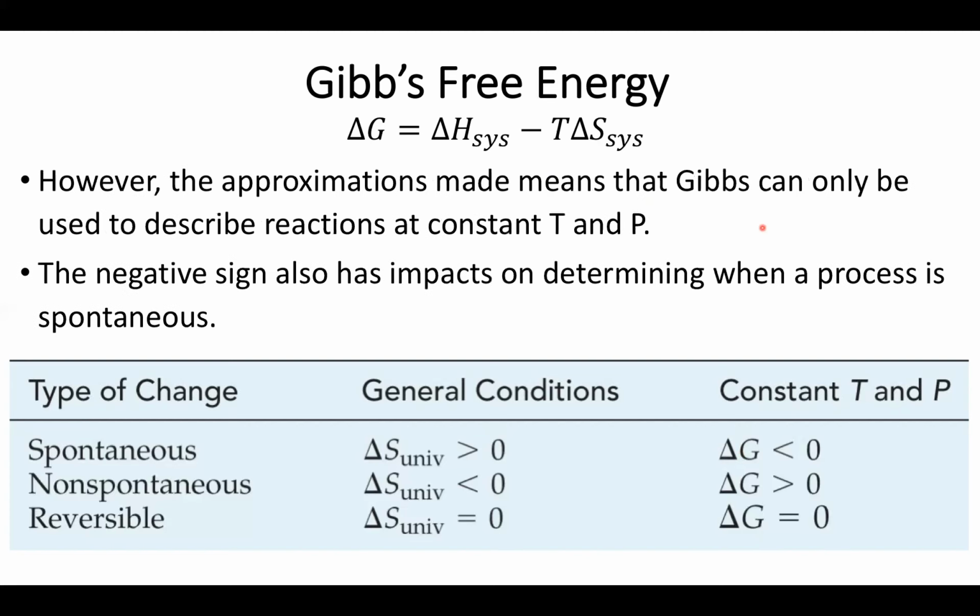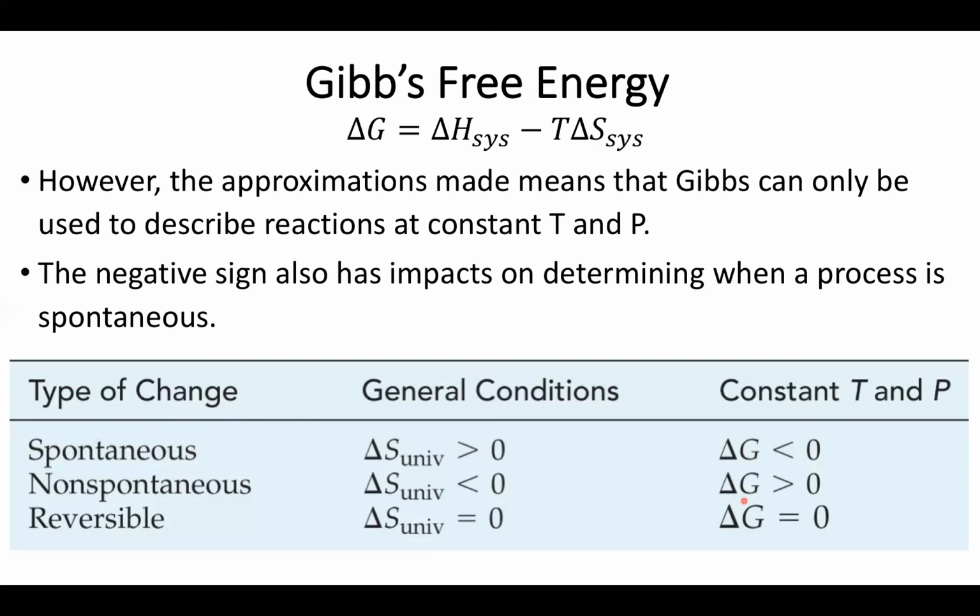Similarly, if I have a non-spontaneous process, so I have a reaction that doesn't want to occur, this would be a positive Gibbs free energy. It means that I have to put energy into the system to make it proceed. So again, very similar to what we talked about with enthalpy. And again, worth noting, where enthalpy was specifically looking at heat, Gibbs free energy can be more or less any kind of energy, electrical, heat, or otherwise.